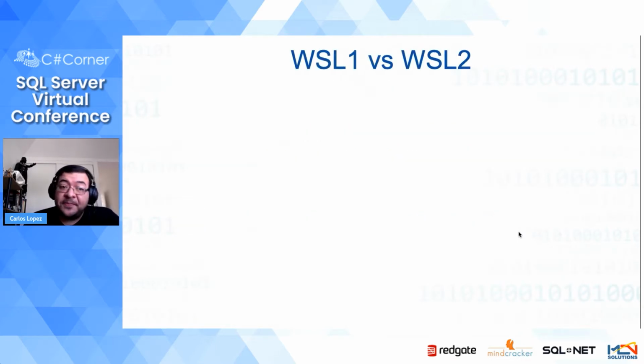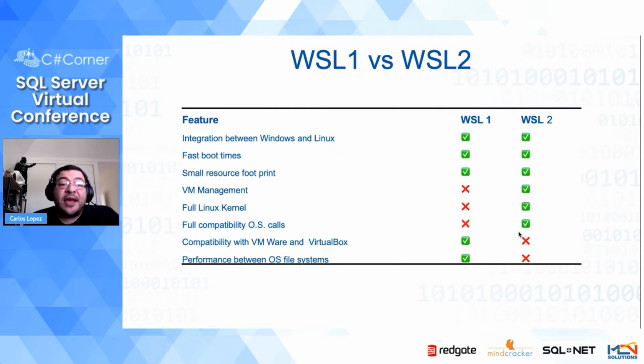So that's great. Here's a little benchmark between the two versions. And here are some capabilities that you can do on VMware and VirtualBox. From WSL1, sorry, you could use VirtualBox and VMware. In WSL2, you can't, and there's a reason for it.